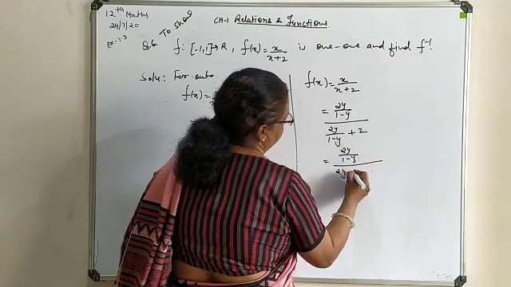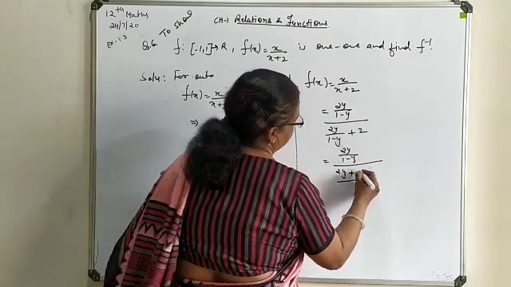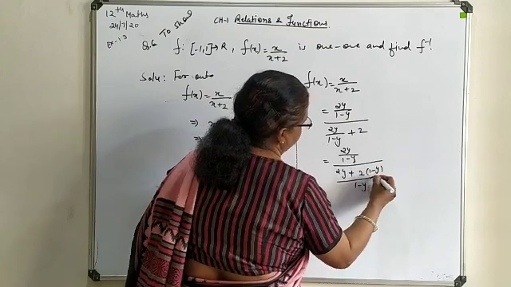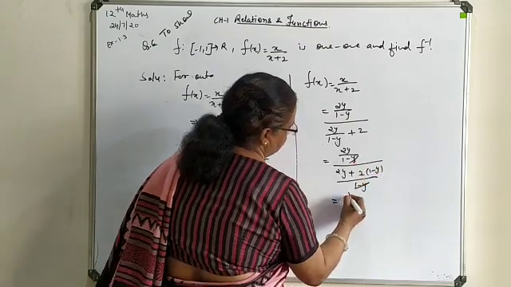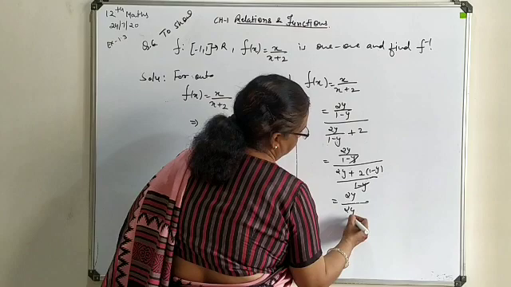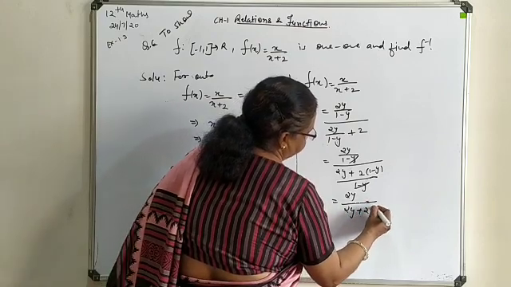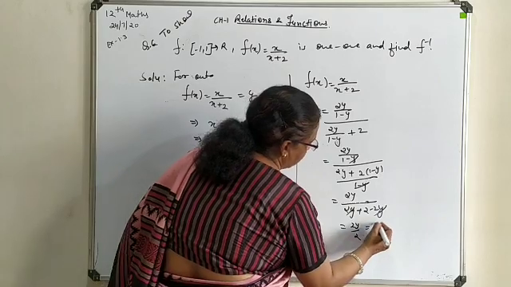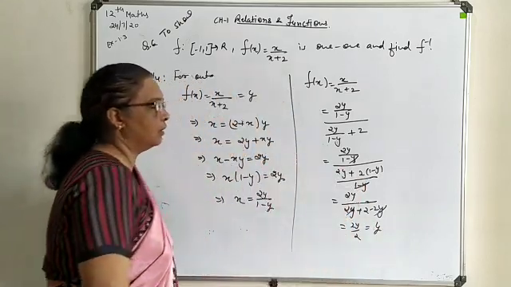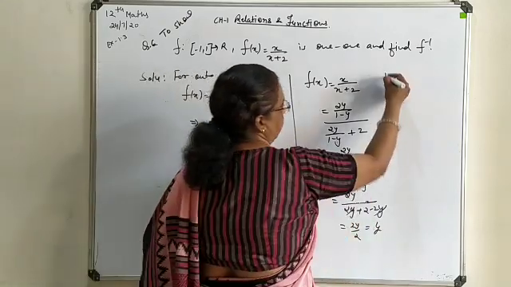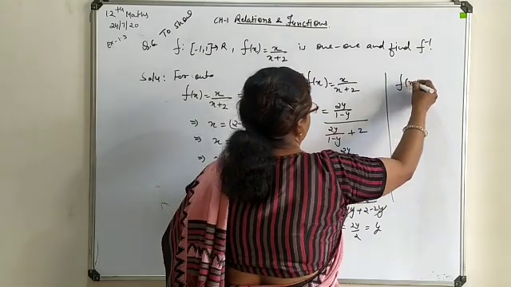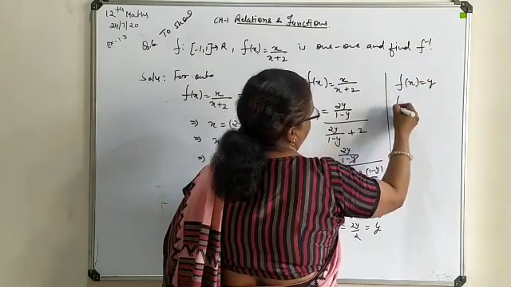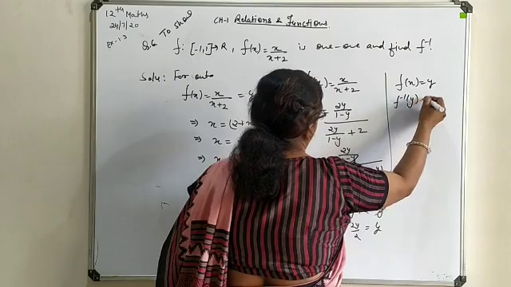On taking LCM, (1 minus y) will give you (1 minus y). This is cancelled. 2y upon 2, multiplied by 2, finally you are getting y. So what we can conclude here is that f(x) is equal to y. So your f inverse of y is equal to x.